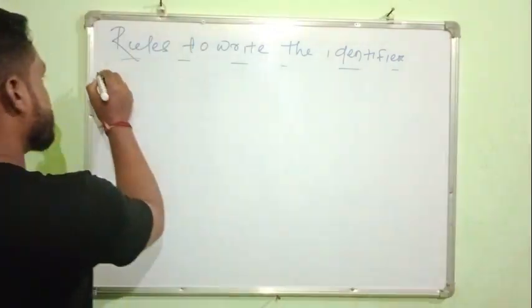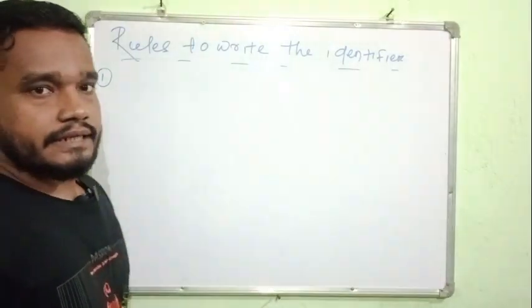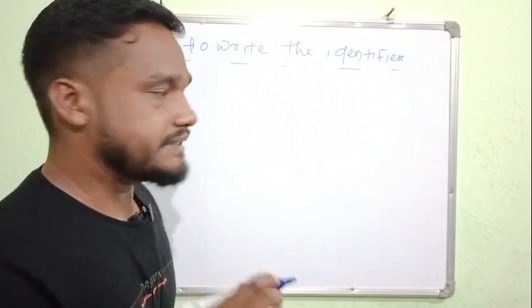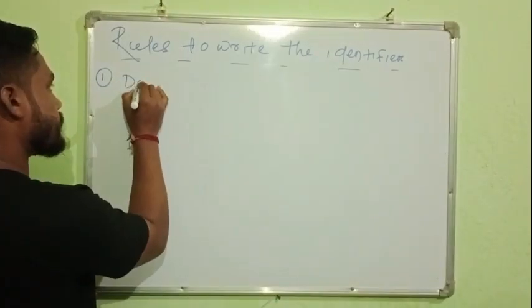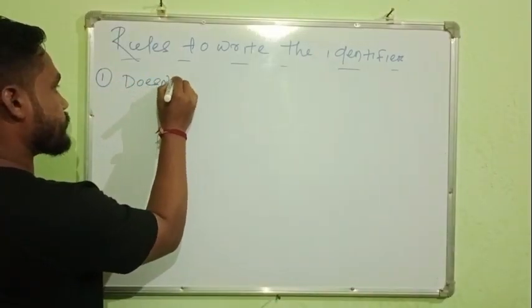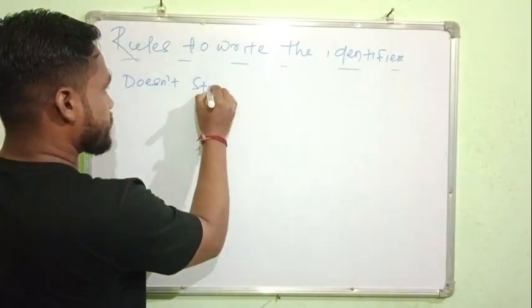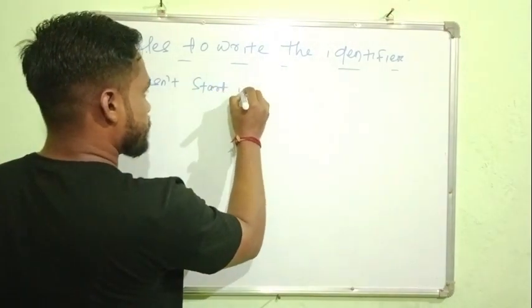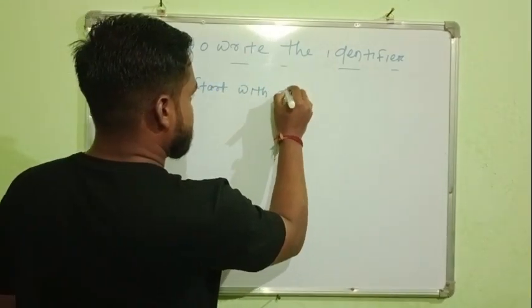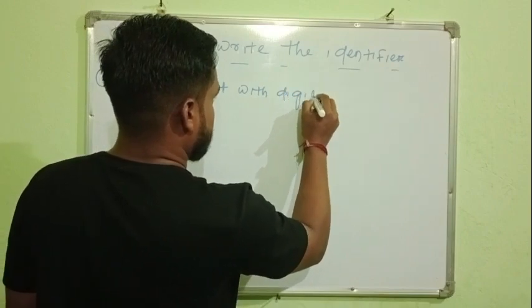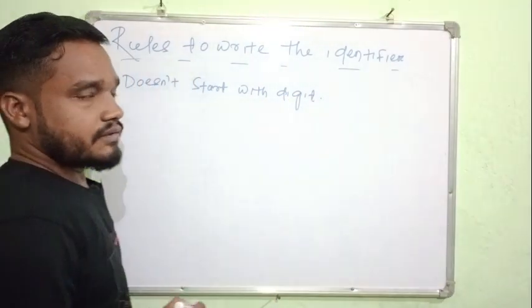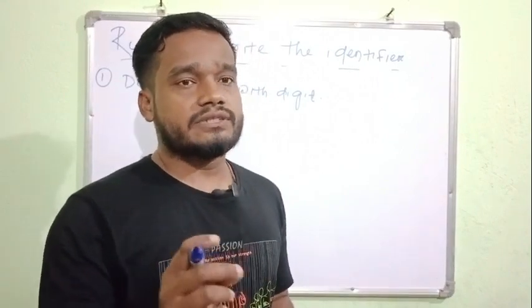So first rule will be it doesn't start with digit. When we are writing an identifier, then it can't start with a digit.